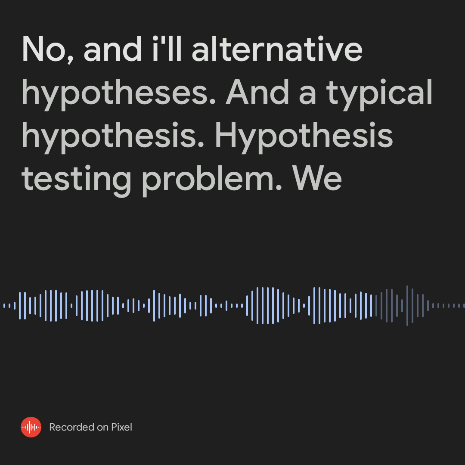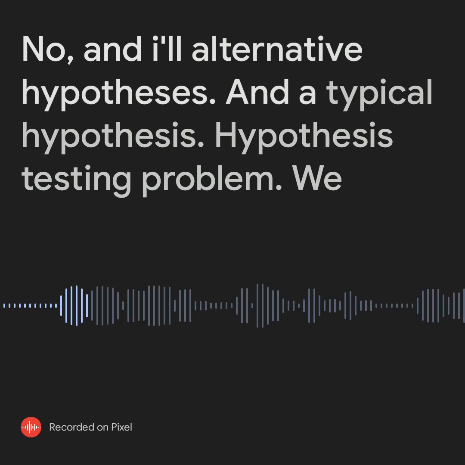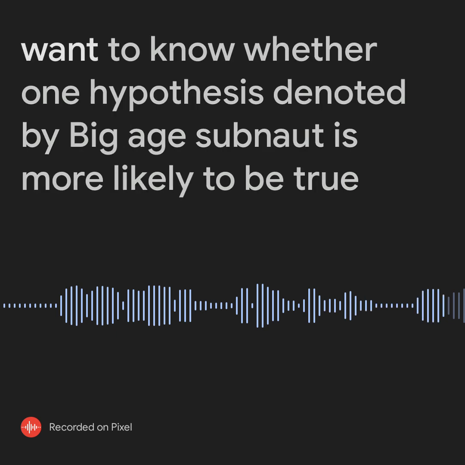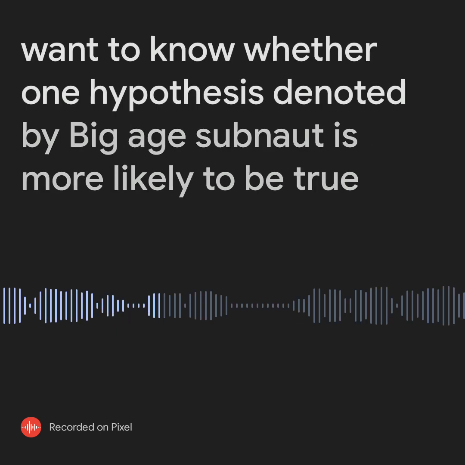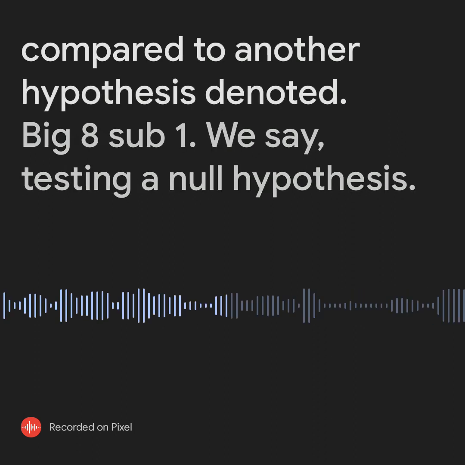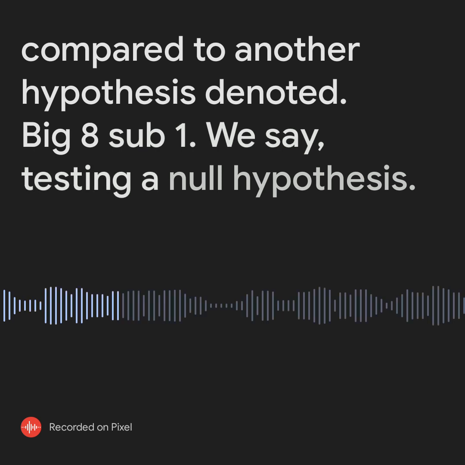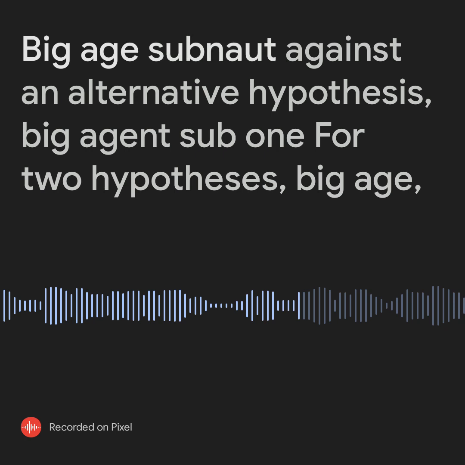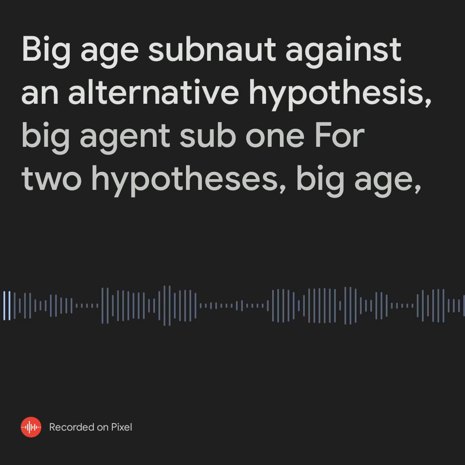Null and alternative hypotheses. In a typical hypothesis testing problem, we want to know whether one hypothesis, denoted by big H sub naught, is more likely to be true compared to another hypothesis, denoted big H sub 1. We say testing a null hypothesis big H sub naught against an alternative hypothesis big H sub 1.